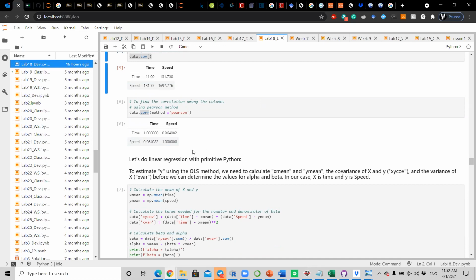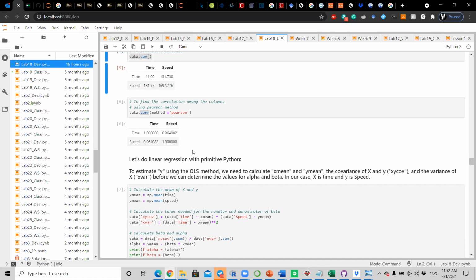Okay, so are we sure that we feel completely comfortable with calculating covariance, interpreting that number, calculating a correlation coefficient, Pearson's R, and interpreting the results? All good? Awesome.